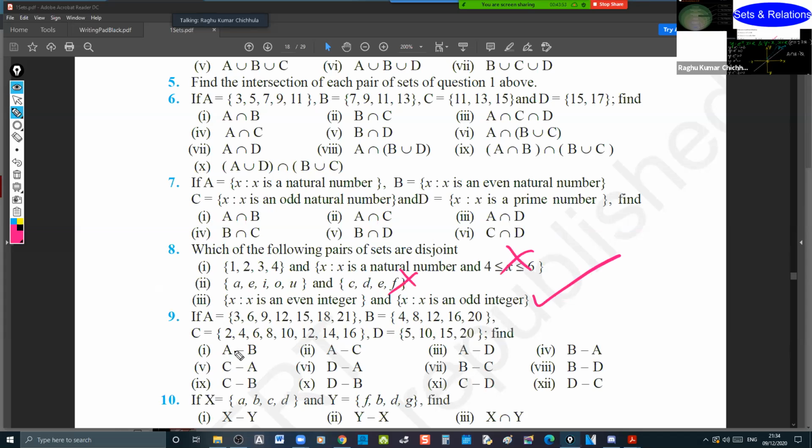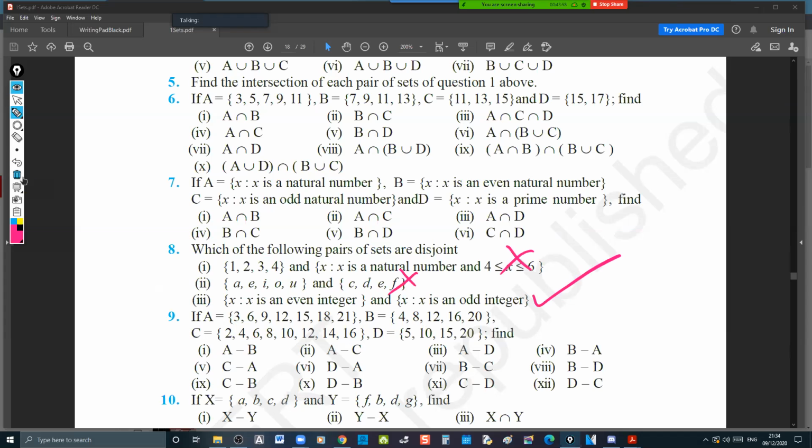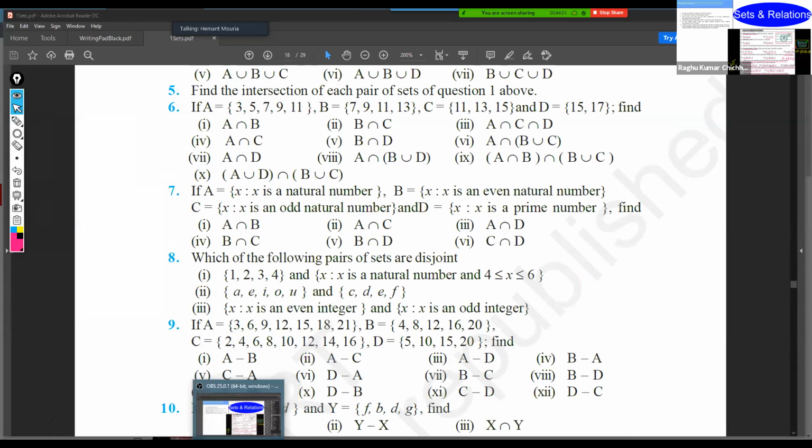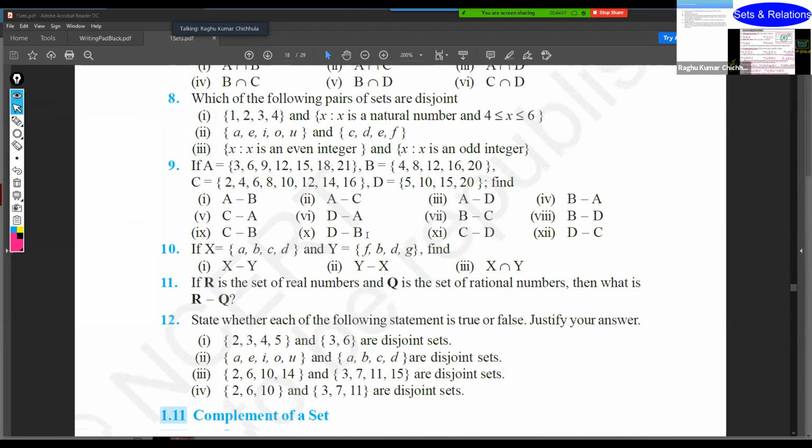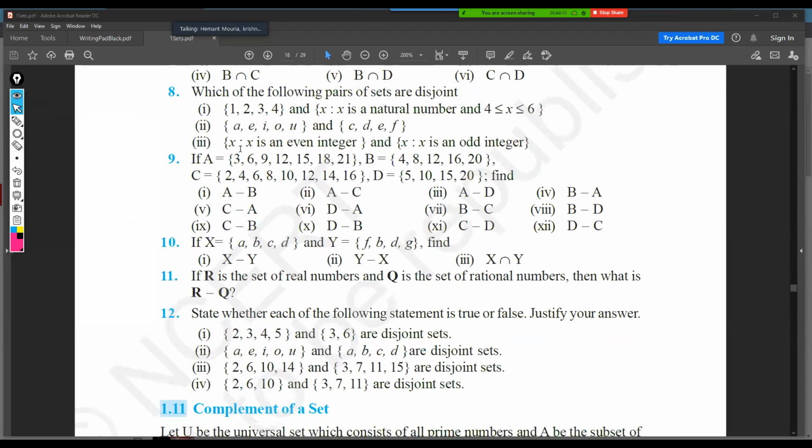A, B, C are given. First of all, tell me the meaning of A minus B, please. Only A, but not B. Now tell me. 3, 6, 9, 15, 18, 21. Anything common there? Sir, 12 is common. In both. That's good. Similarly, tell me D minus B, Chaitanya.